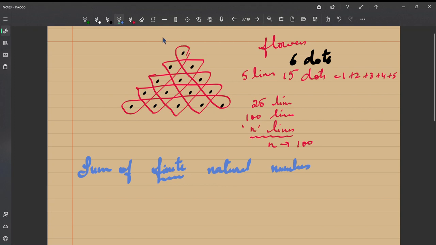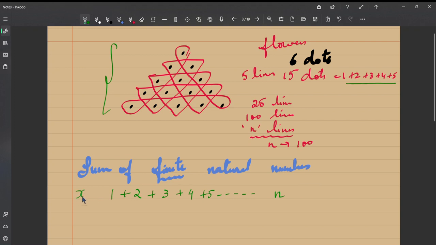So what we are ultimately trying to do is find the sum of 1 plus 2 plus 3 plus 4 and so on till n, because for 5 lines we need 15 dots like this. So for n number of lines we need these many dots. So finding the sum of finite natural numbers.